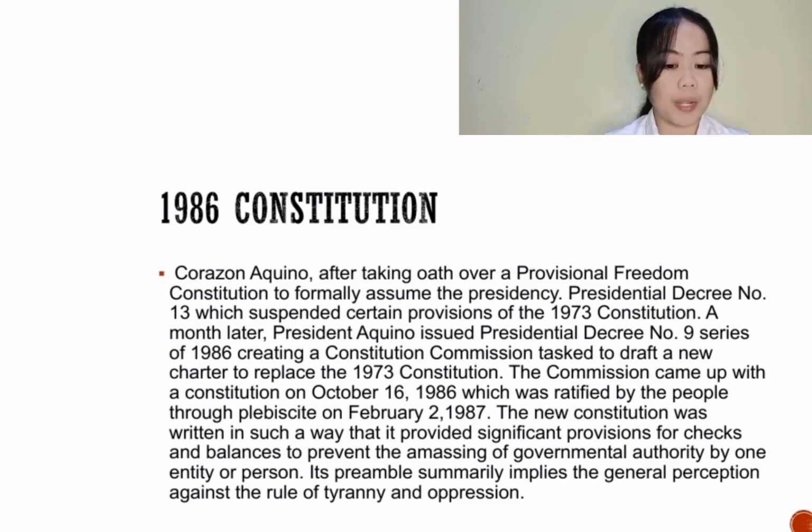This was the product of the revolutionary government after the massive EDSA Revolution, before the 1987 Constitution was established. We first had freedom. This Constitution paved the way for Corazon Aquino to be proclaimed President of the Philippines. She changed the 1973 Constitution under Marcos' jurisdiction so that Corazon Aquino could be legally proclaimed President.